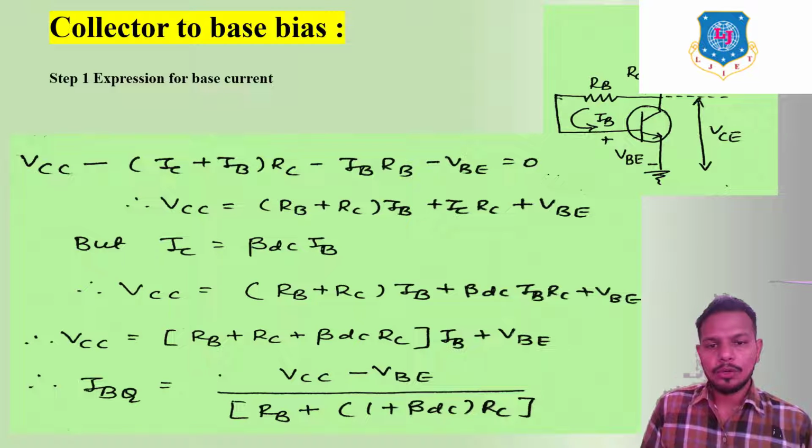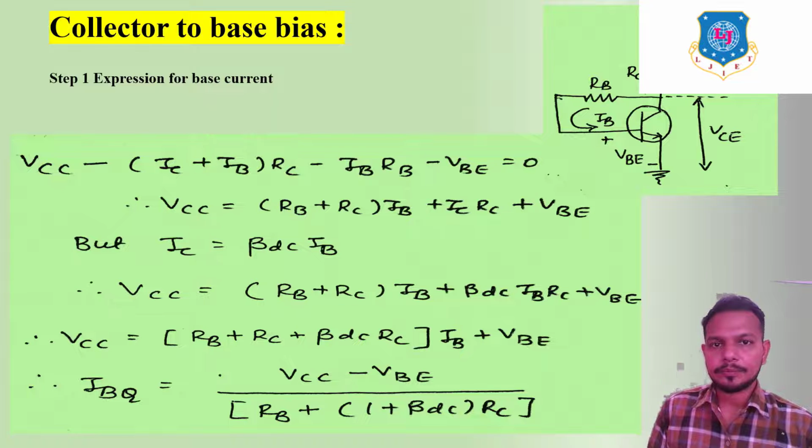So IB take a common and it becomes (RB plus RC plus beta DC RC) IB plus VBE.